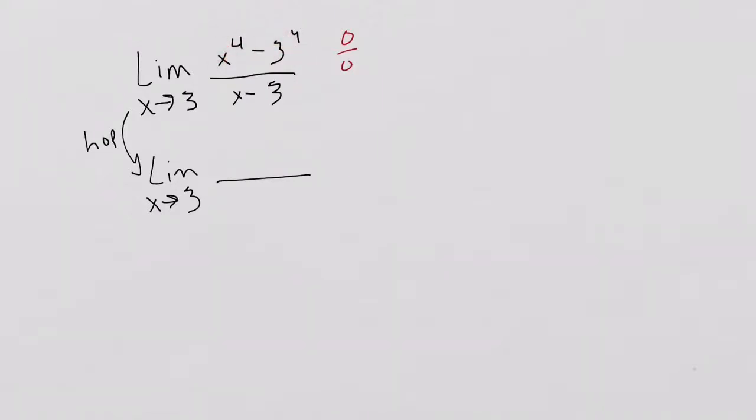So the derivative of this first piece is 4x cubed. That's just power rule. And then the derivative of this next piece, you may try to say that it is 4 times 3 to the fourth. That would be like trying to do 3 cubed.